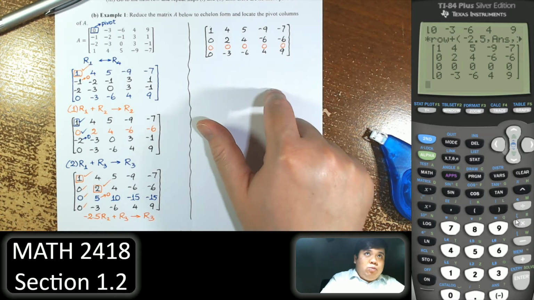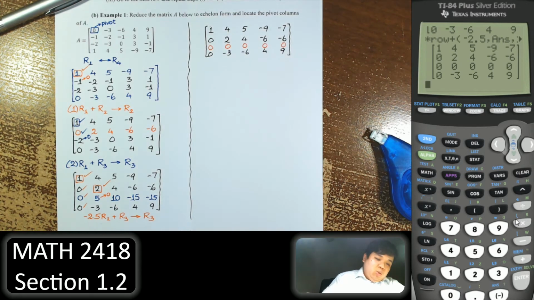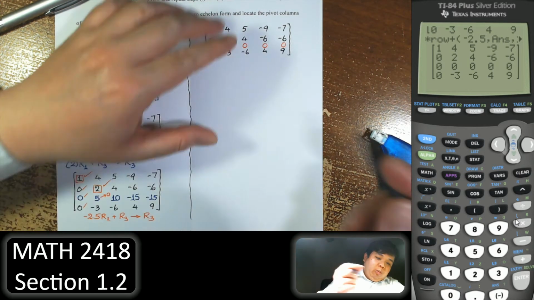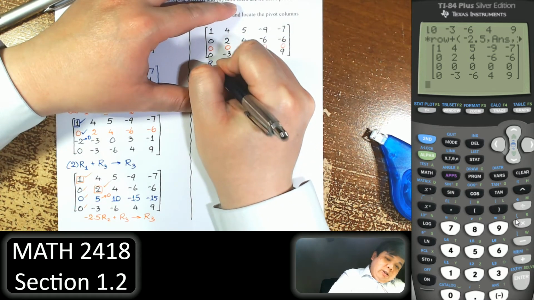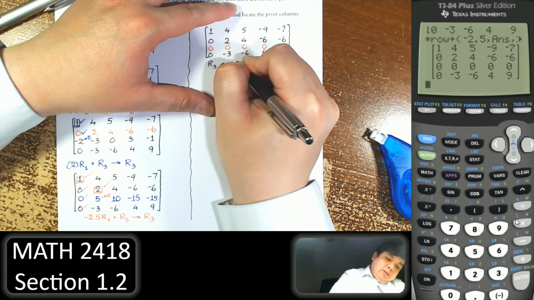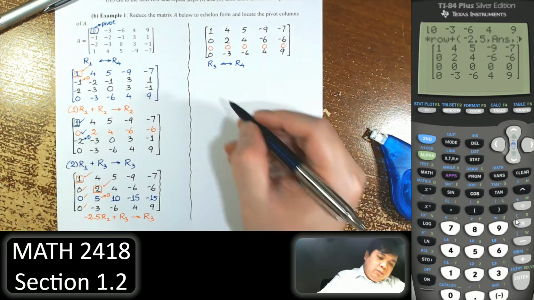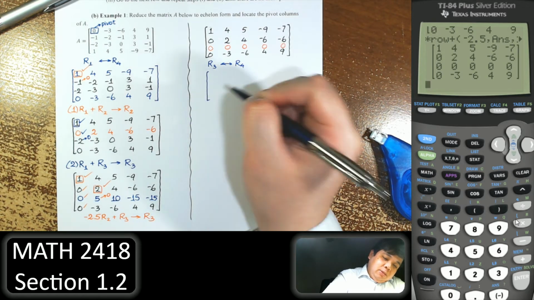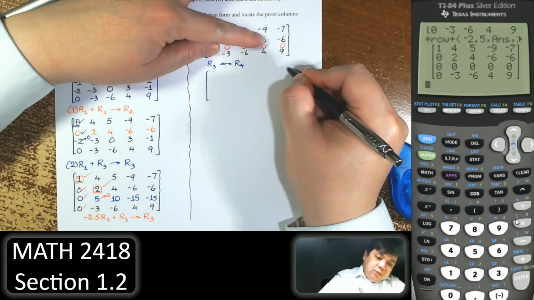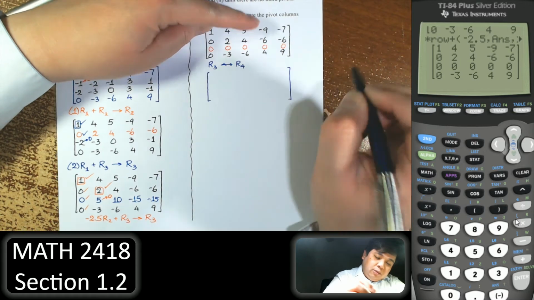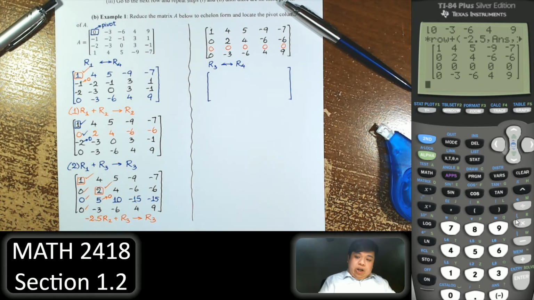That row of 0 should be at the bottom. So here let's do the swap of row 3 and 4. Row 3 and 4 will be swapped.